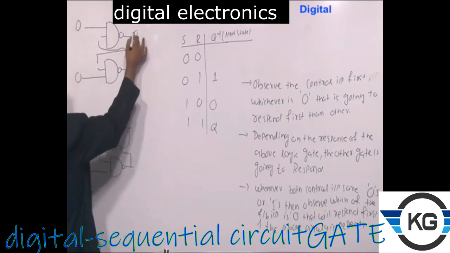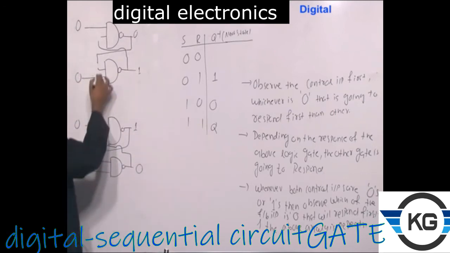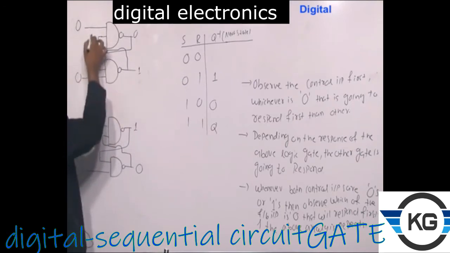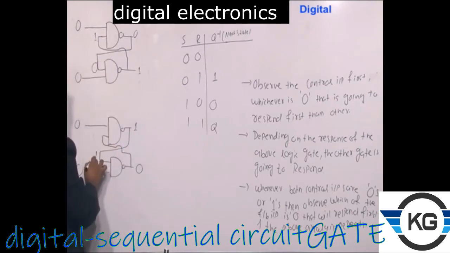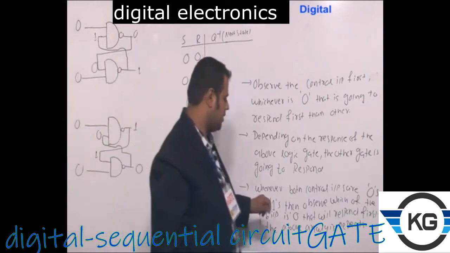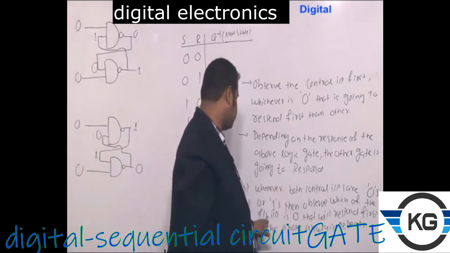So again 0, 1. Again this is 1, 0. So when this is 0, this will be 1, this will be 1, this will be 0. Right.